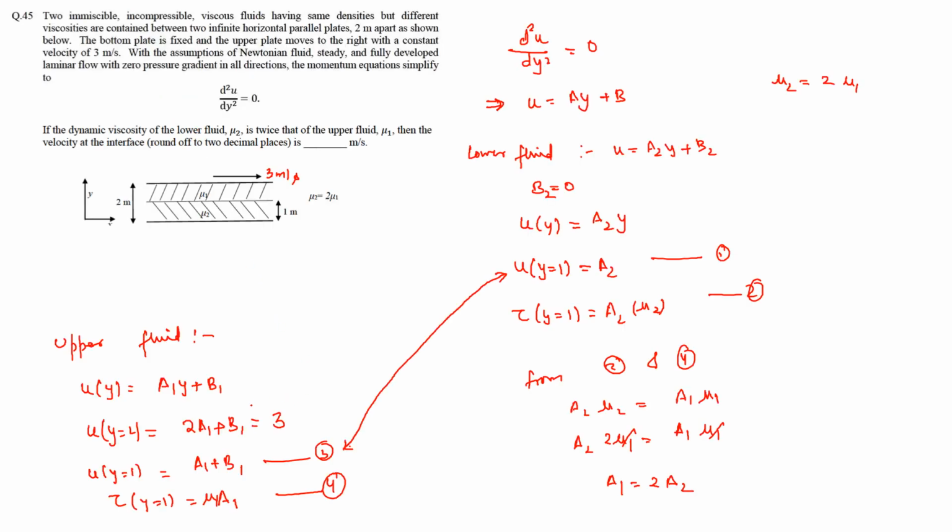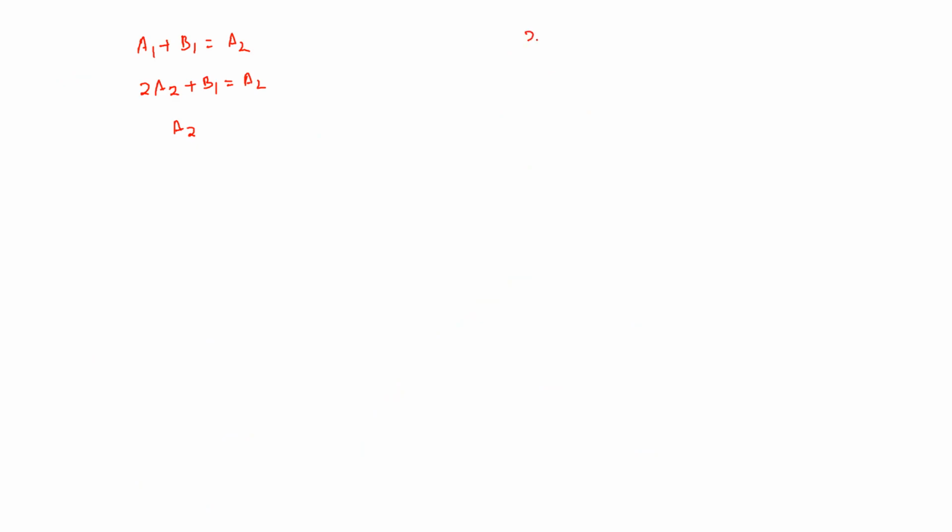And this is also there. Let's say this is 5. From 5 we know that 2a1 plus b1 is equal to 3. So 2a2 minus a2 is a2 plus b1 is equal to 0, or b1 is equal to minus a2.